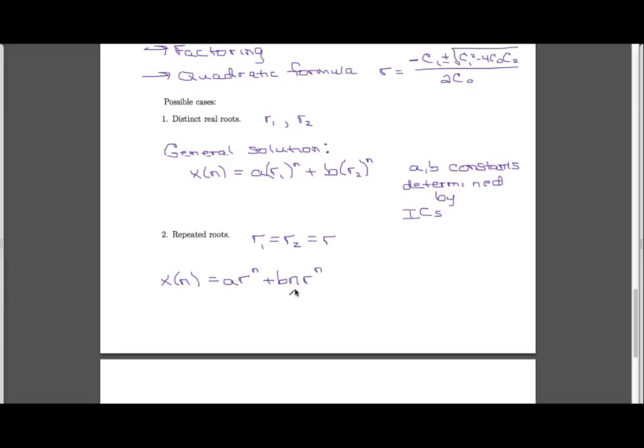This n here essentially, without getting into too much detail, allows for more solutions that satisfy the original recurrence relation.